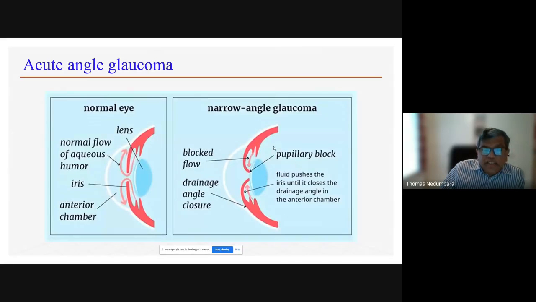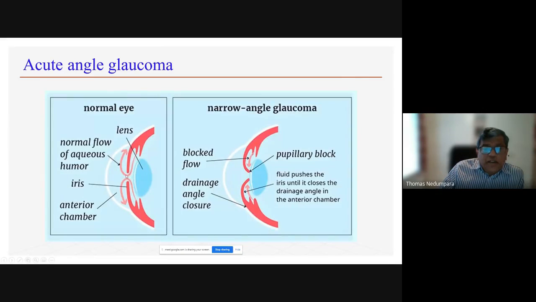Another application of laser is in glaucoma. Glaucoma means increase in pressure inside the eye. So there is a fluid called aqueous humor, which is bathing the eye. This is called the posterior chamber, and this is the anterior chamber. So this aqueous humor is produced in the ciliary body, and it flows out through the pupil into the front of the eye, and then is absorbed through this area of the eye.